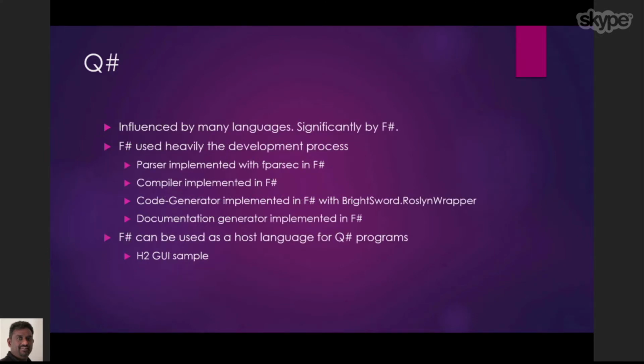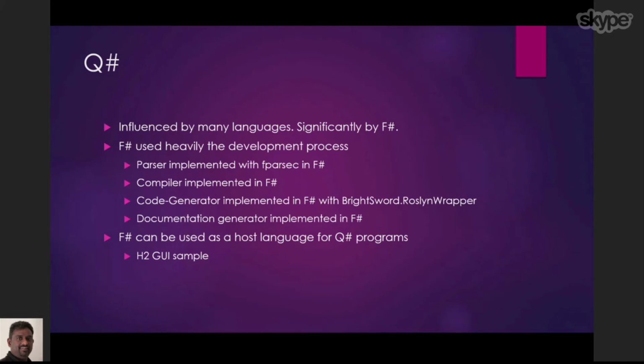More to the point, F sharp is actually the tool that we use for the entire development process. The parser is implemented using fparsec, and we have quite a powerful parser now, all written in fparsec, that does a lot of the heavy lifting. The compiler, in terms of the type checker and so on and so forth, all of that stuff is written in F sharp.